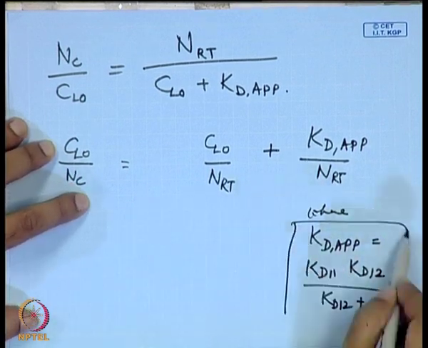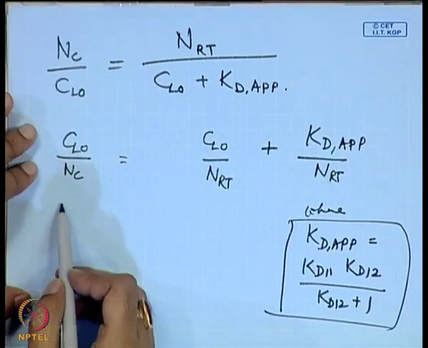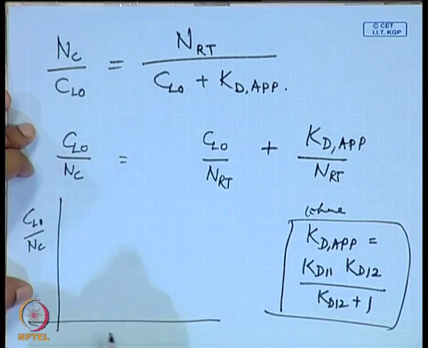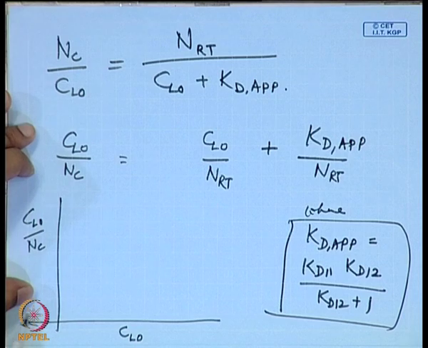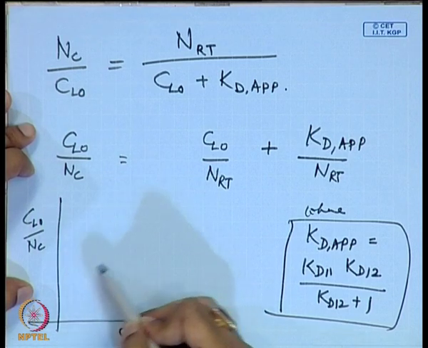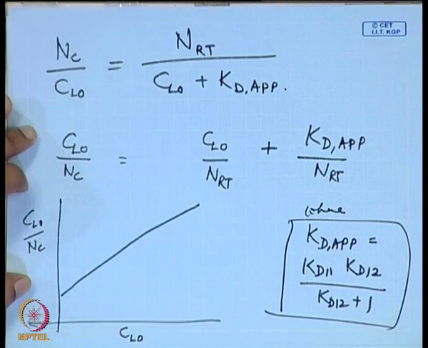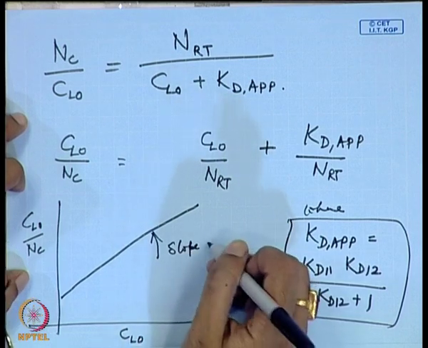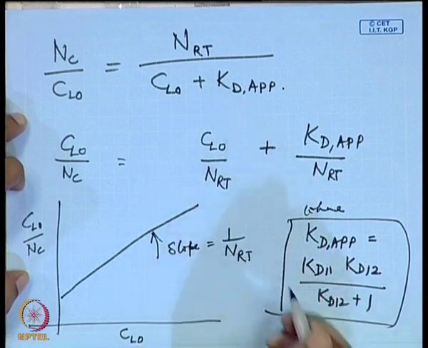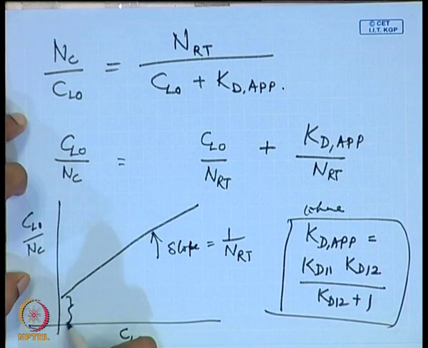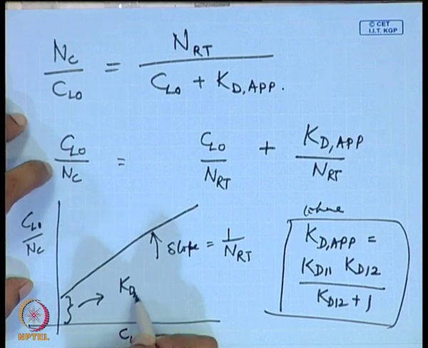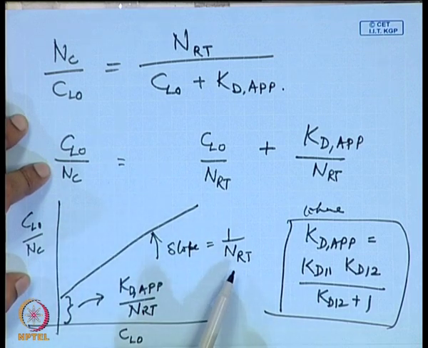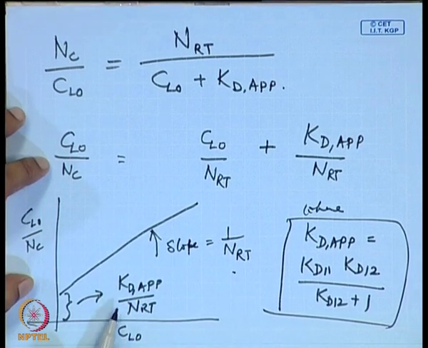So, if I draw a plot of CL naught over NC versus CL naught, I just get a straight line, something like this, and the slope of the straight line is 1 over nRT, whereas the intercept is KD apparent over nRT. So, from the slope I can calculate my nRT, and from the intercept I can calculate my KD apparent.